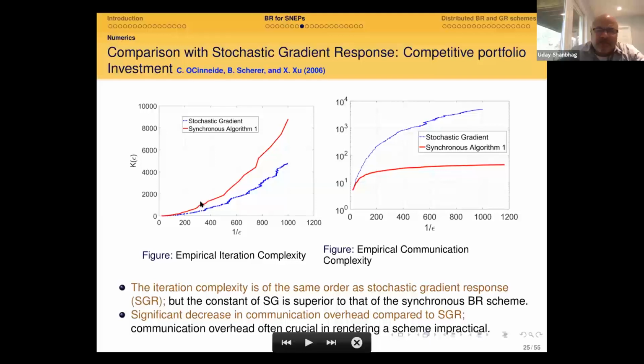We compared stochastic gradient with this synchronous best response algorithm, and we looked at the number of gradient steps required to reach within epsilon Nash in an empirical setting. And what you find is that while both have, in theory, the same order, the stochastic gradient scheme requires fewer steps, but it requires a lot more communication, right?